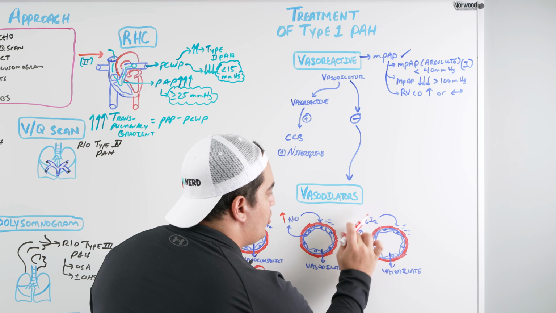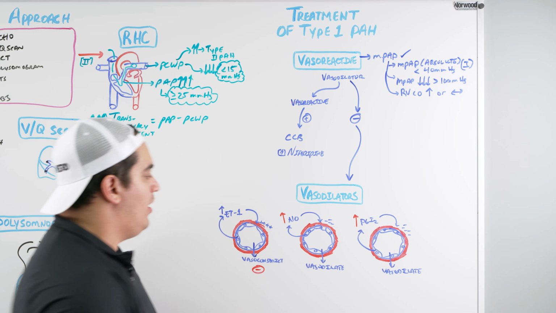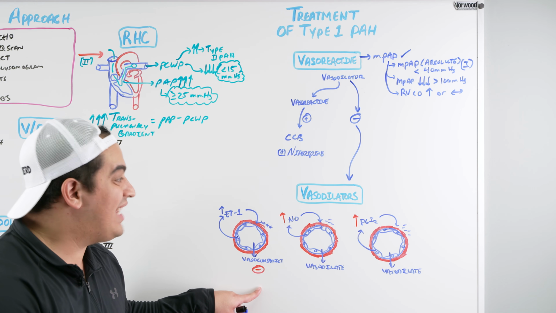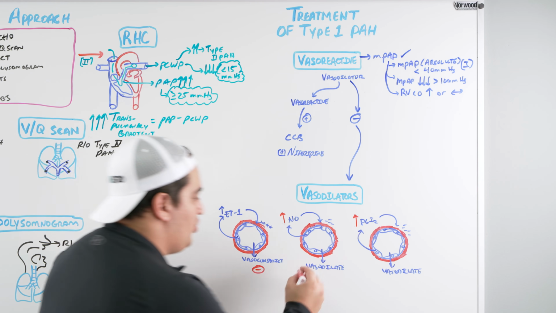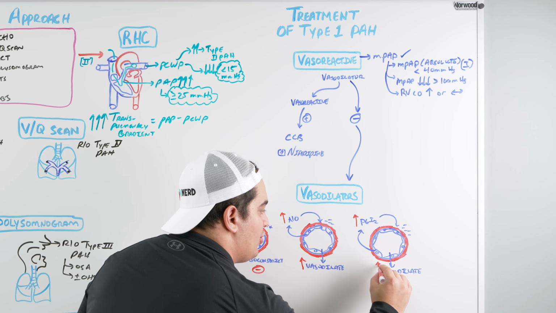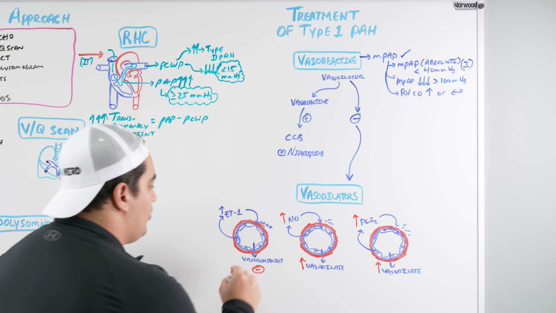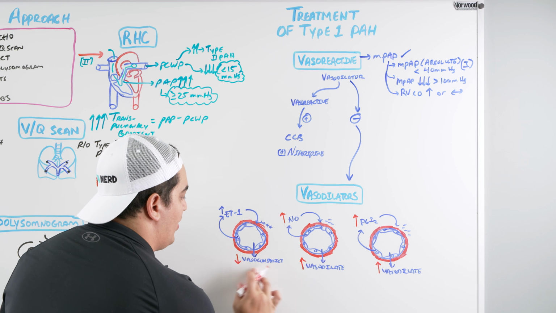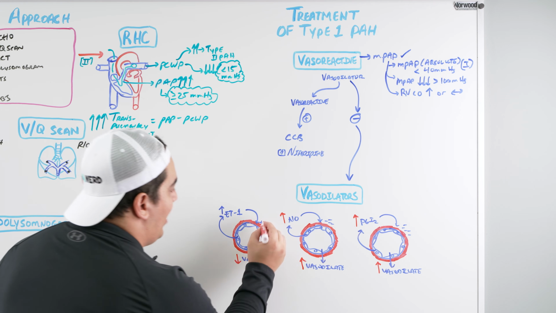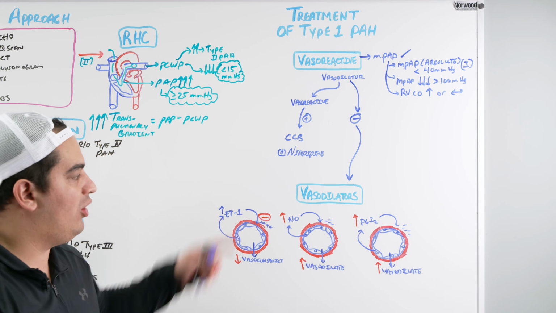I want to give more drugs that increase the prostacyclin. So my goal is to increase the vasodilation processes and decrease the vasoconstrictive processes by inhibiting endothelin-1 from working.